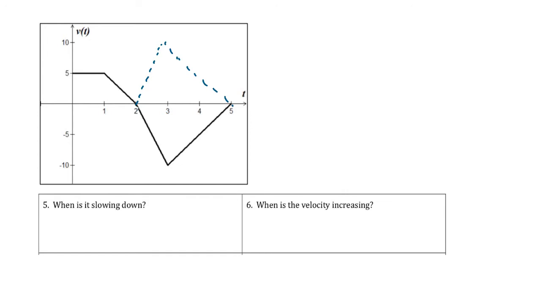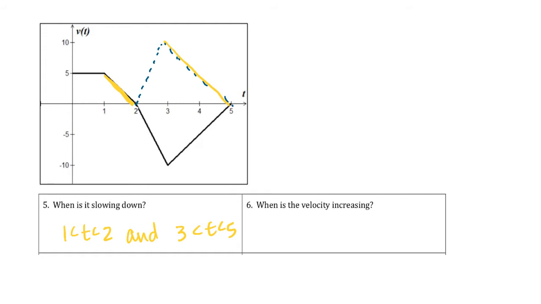So it looks like our speed would be decreasing from 1 to 2. And it also looks like from 3 to 5. So here we have two intervals. We have from 1 to 2, and we also have from 3 to 5.